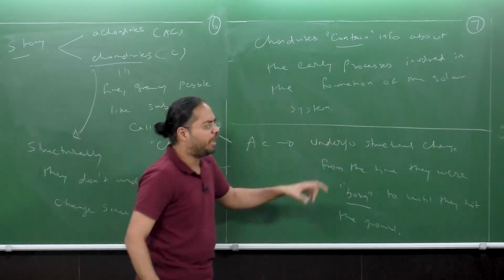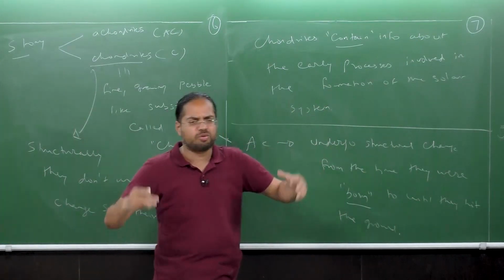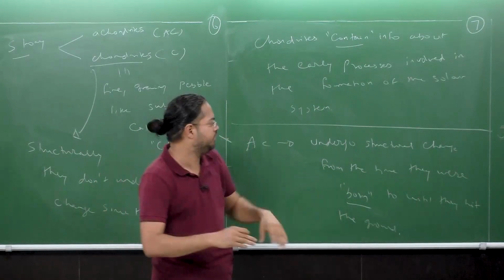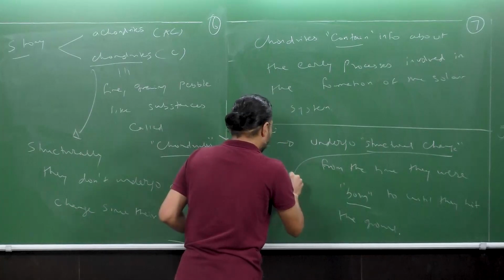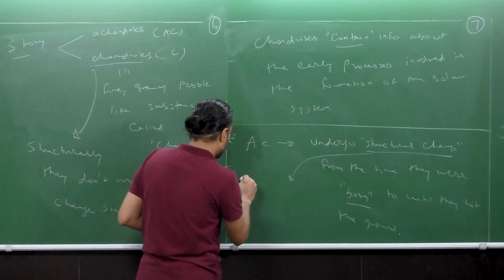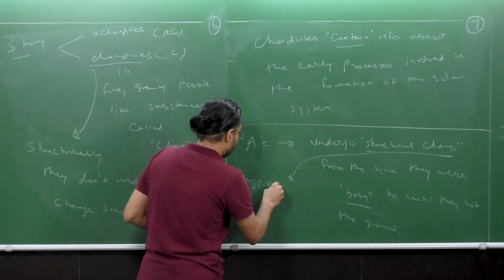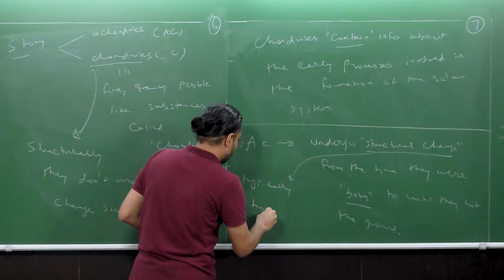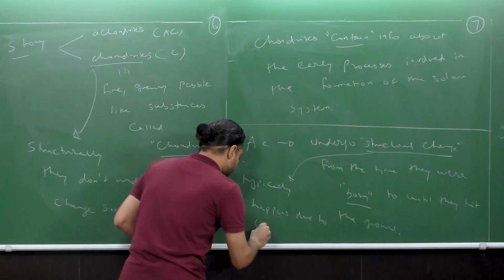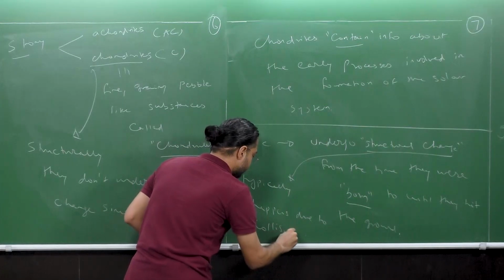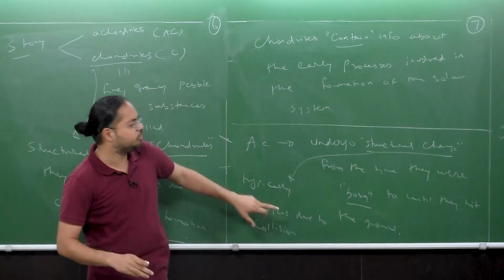And these structural changes occur as a result of collisions between various celestial bodies. So this structural change typically happens due to, also, collision is one reason.